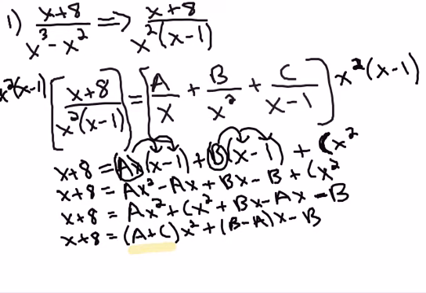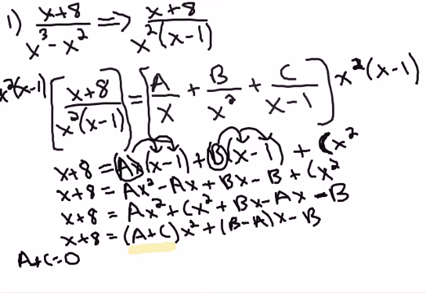So if this is helpful to you, you can write 0 x squared plus all of that. Otherwise you can just leave it alone and realize that the coefficient of x squared is 0 because there is no x squared on the other side. So I'm going to say a plus c equals 0.